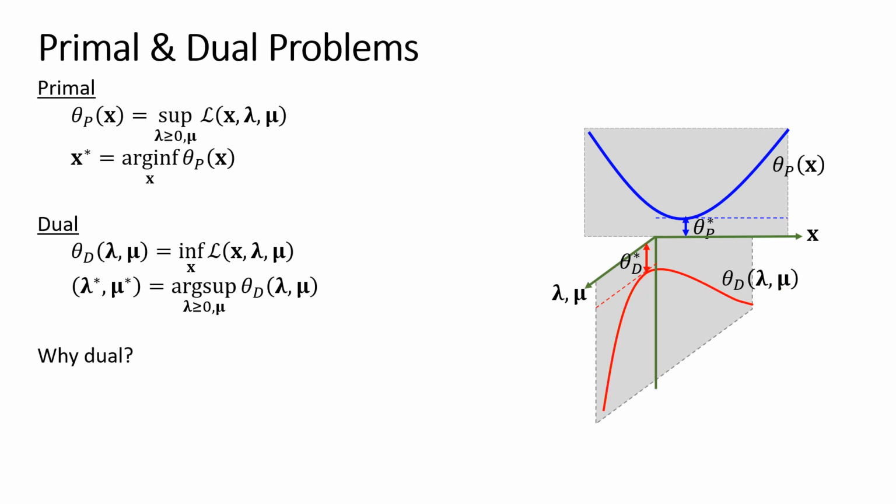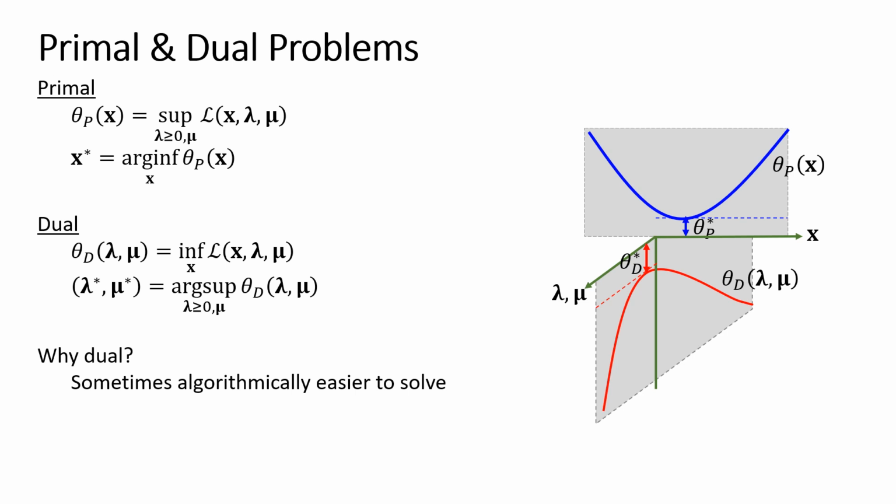Now, why do we use the dual of a constrained optimization problem? There are several reasons for this. Sometimes it's algorithmically simpler to solve the dual, either because we have fewer constraints, so the dimensionality of lambda and mu together is less than that of x.